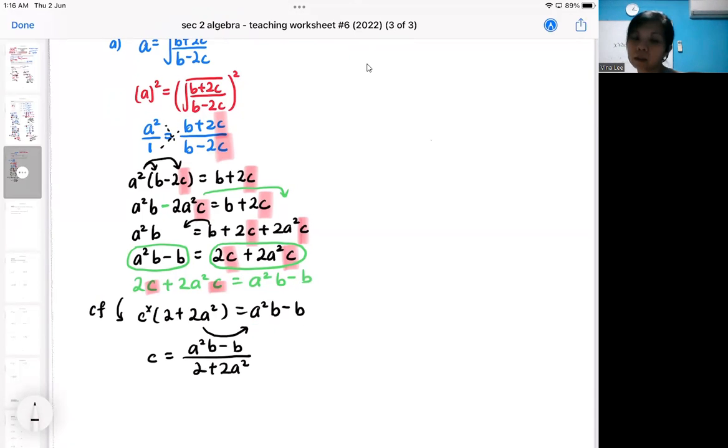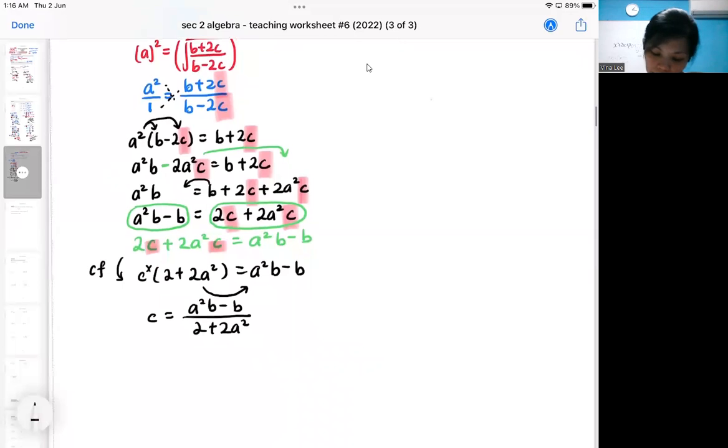You can leave the answer like this, or if you realize that there is a common factor in the numerator, go ahead. If there is a common factor in the denominator, you can also go ahead. So C is your subject, and you shouldn't find any C here.